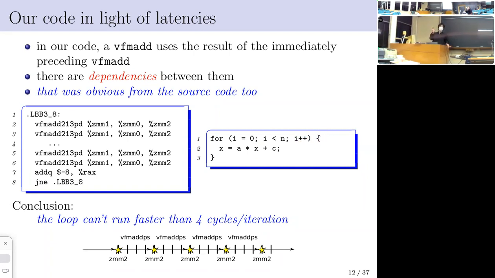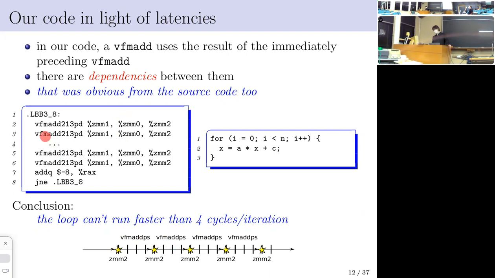And remember that I have just said this FMA instruction has a latency of 4 clocks. So it means that the entire loop progresses only as fast as 4 clocks per iteration. So one FMA instruction is executed, but the result becomes available only 4 cycles after this instruction gets executed.